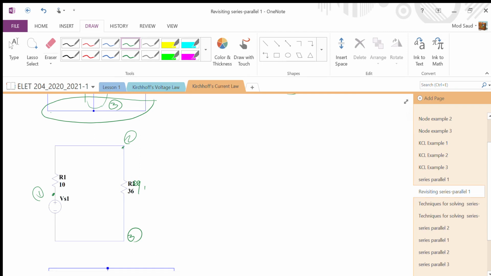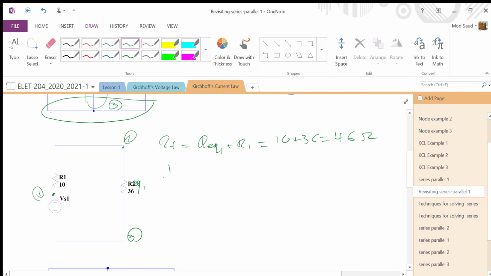From this circuit, it is very clear that R total equals R equivalent 1 plus R1, which is equal to 10 plus 36, or 46 ohm.